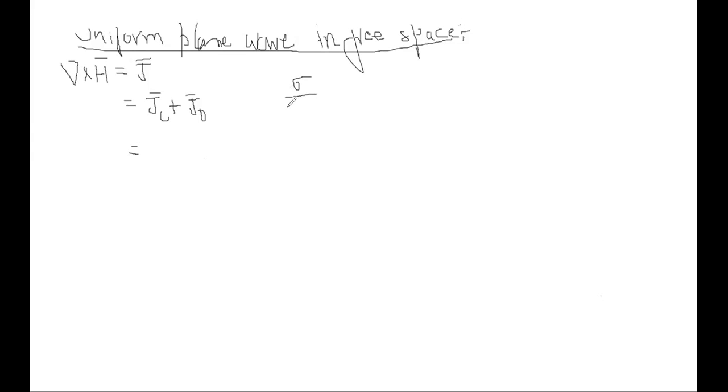Sigma by omega epsilon is very much less than 1, meaning sigma is very much less than epsilon, so it is a perfect dielectric.